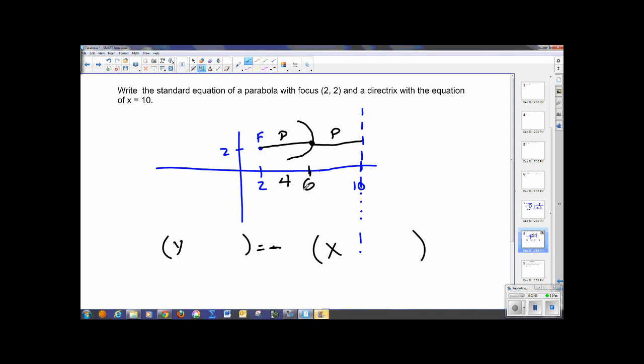Therefore, (6, 2) is my vertex. So I can start filling some things in. I move over 6. I move up 2. We said y has to be squared. 4p is going to end up being 16.